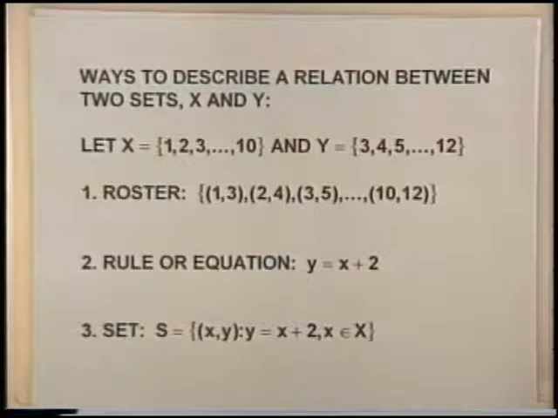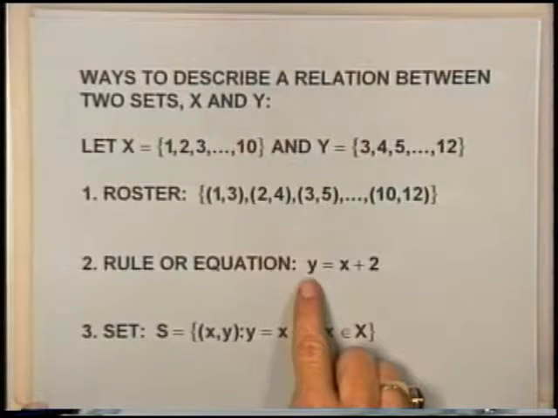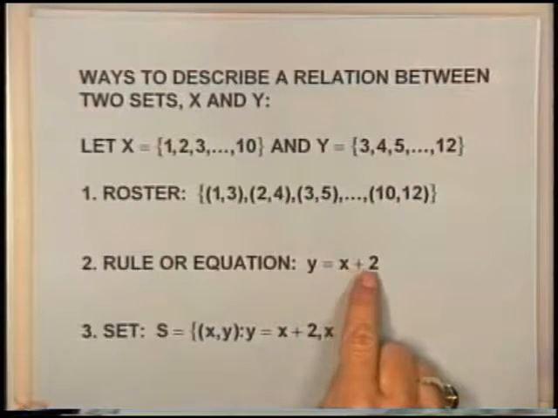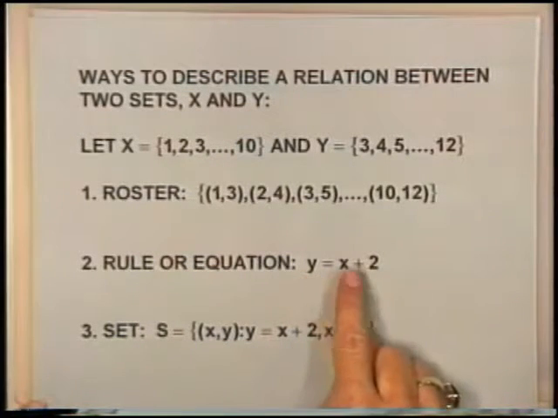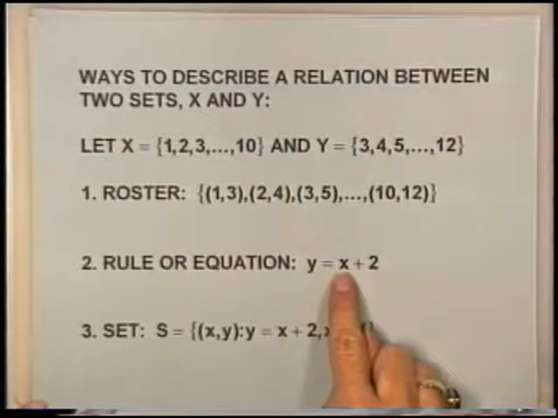A second way of describing a relation is to give a rule or equation that describes the relationship that exists. Notice in this rule we have that y equals x plus 2. So how is y related to x? Y is exactly 2 more than x.